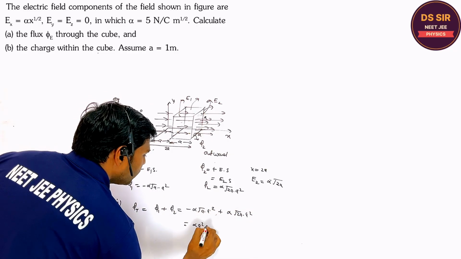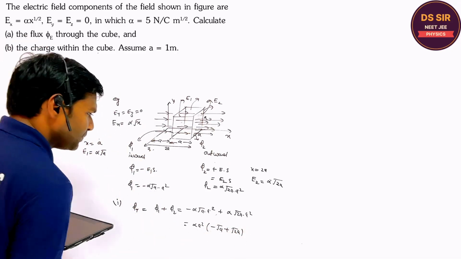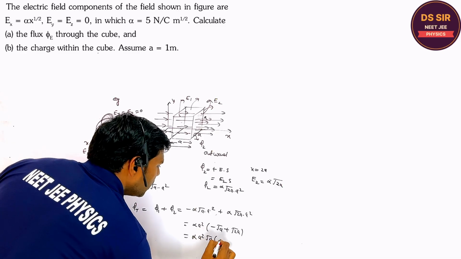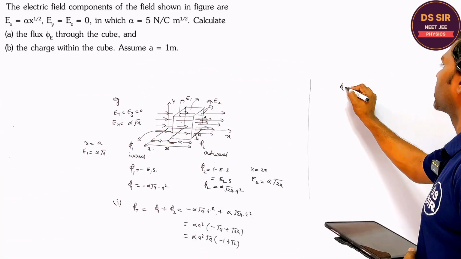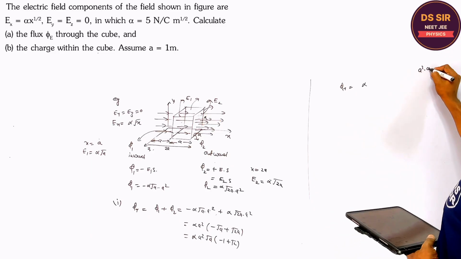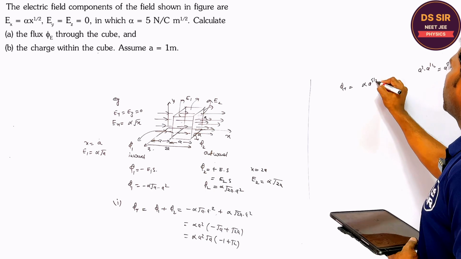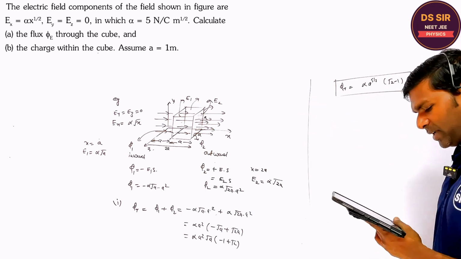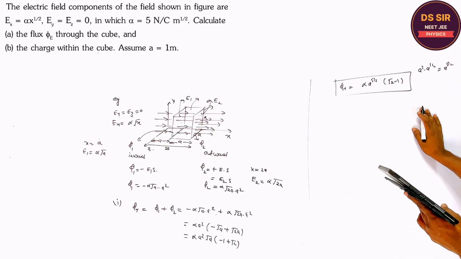If you take alpha a square common, minus root a plus root 2a, and taking root a common, you get minus 1 plus root 2. So the total flux is alpha a to the power 5 by 2 into root 2 minus 1, linked with this cube. Is it clear or not, you tell?